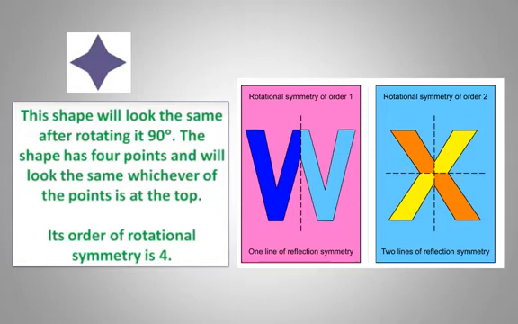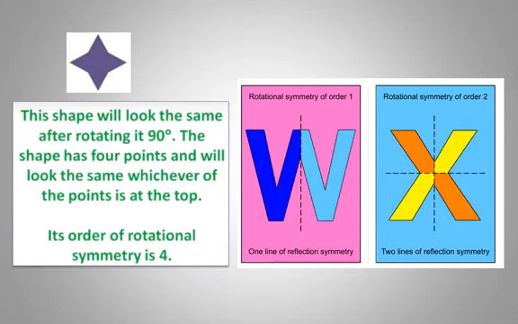W has one line of symmetry, and what is its order of rotational symmetry? It will match only one time to its original position. So W has only order 1 rotational symmetry.